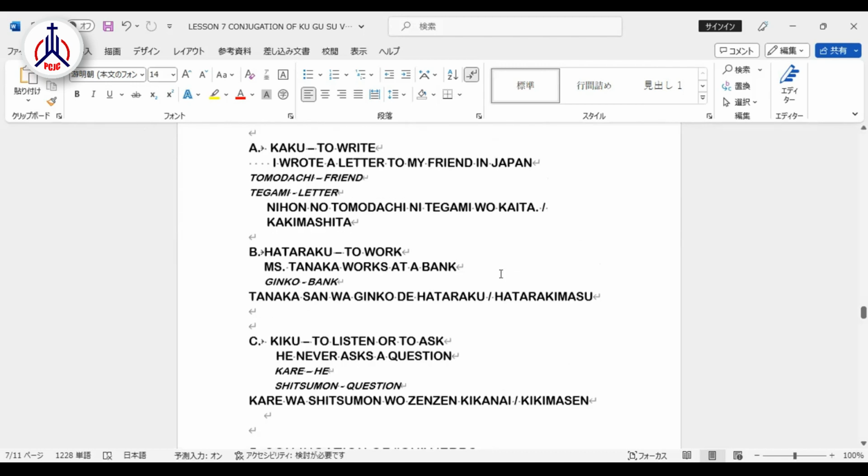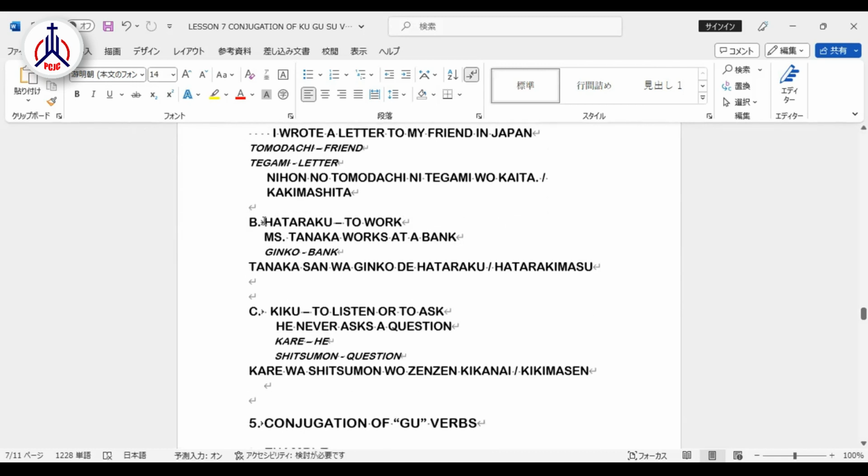Okay, next. Let's have another sentence. The word hataraku means to work. Hataraku means to work. Okay? The sample is: Miss Tanaka works at a bank. The bank means ginko.